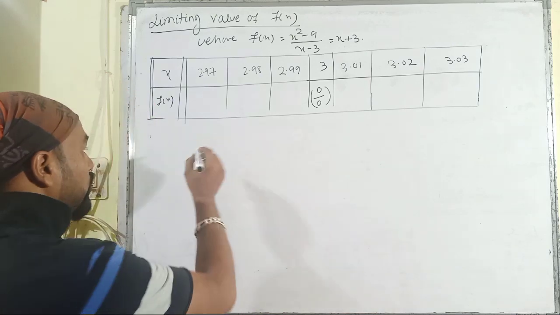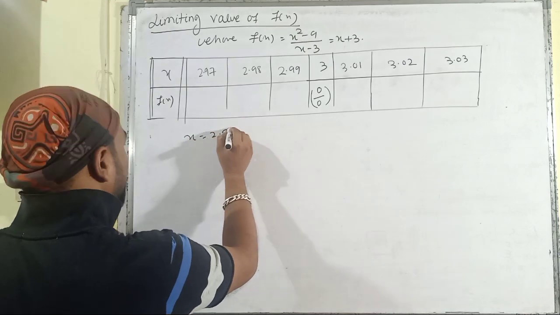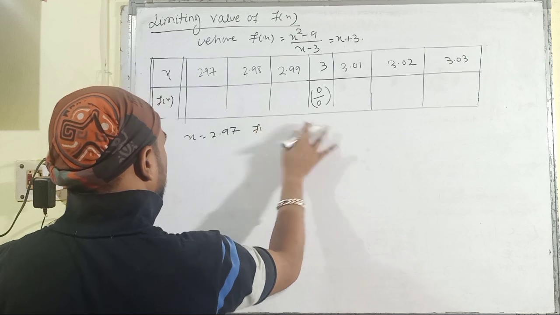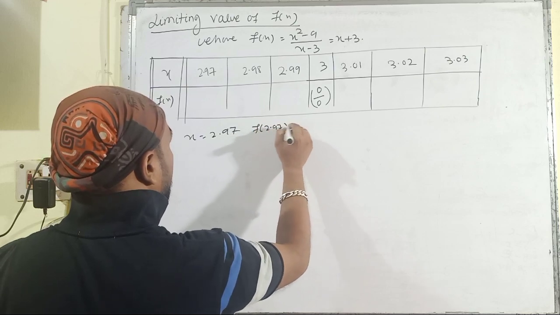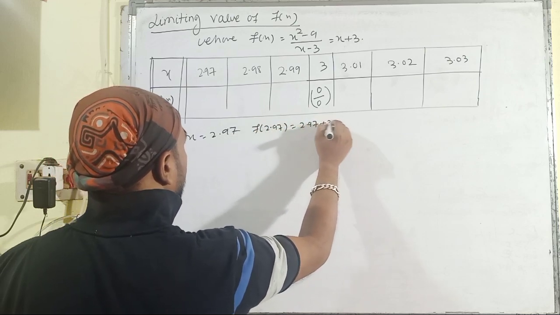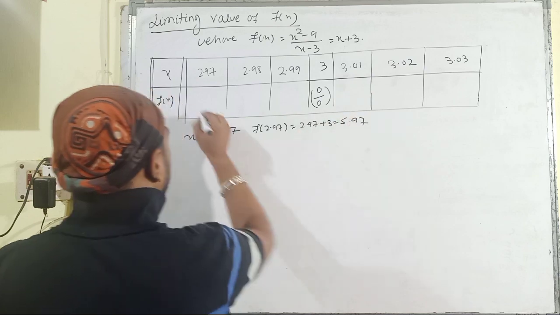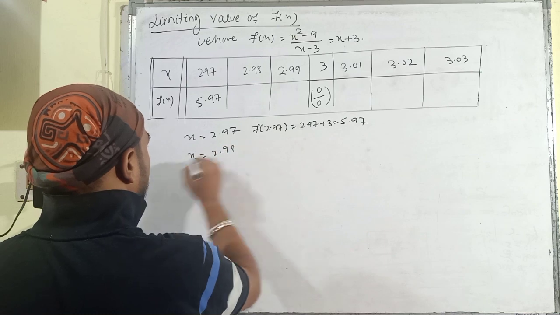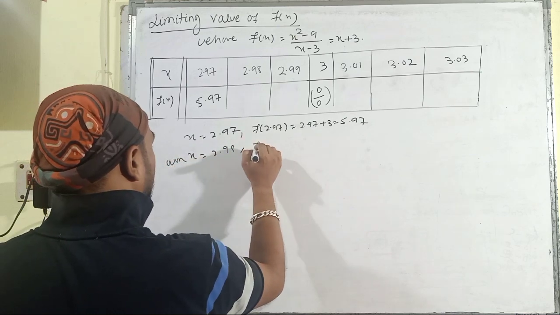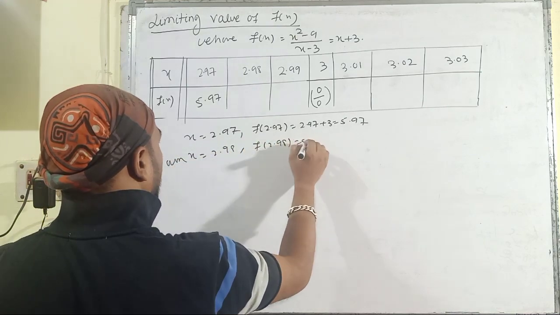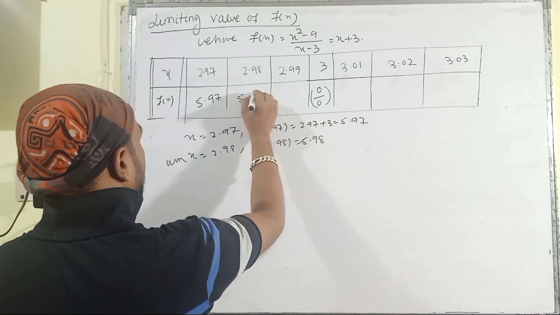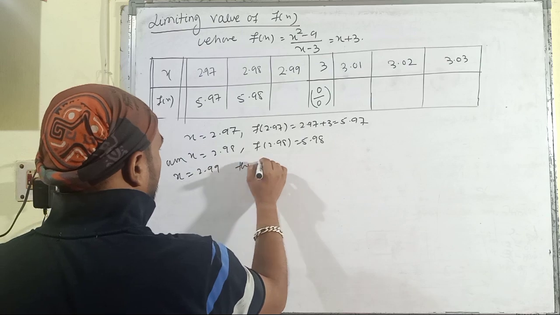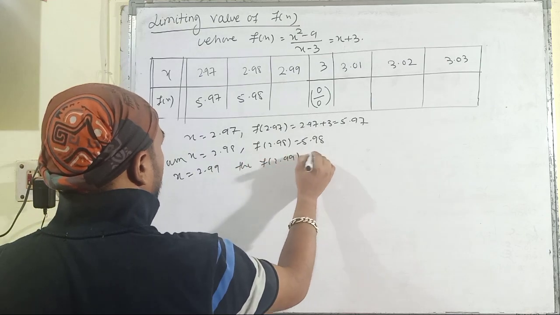So when x is equal to 2.97, then f of x is equal to x plus 3. That means f of 2.97 is 2.97 plus 3, which is 5.97. Similarly, when x is equal to 2.98, then f of 2.98 will be equal to 5.98. When x is equal to 2.99, then f of 2.99 is equal to 5.99.